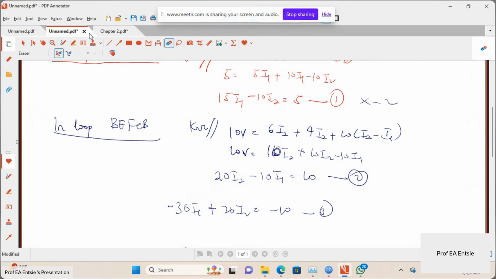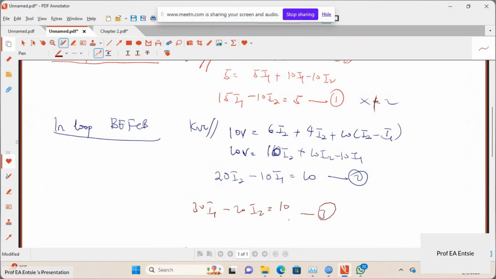So what I will do is, if you want to remove one of the variables, let me clean this. You check negative 10I2. Here is positive 20I2. So you can multiply with positive 2 instead. So you get 30I1 minus 20I2 equals 10.